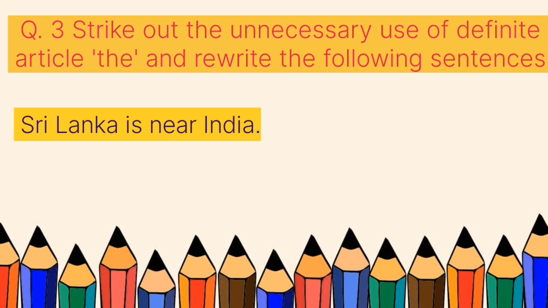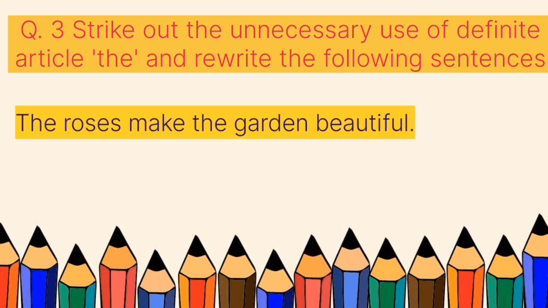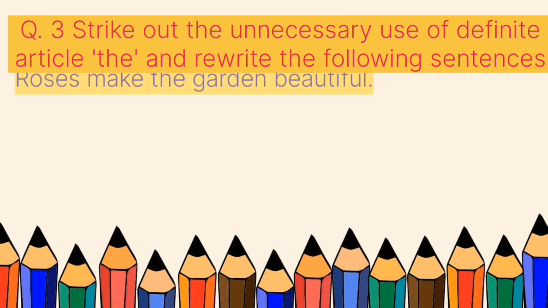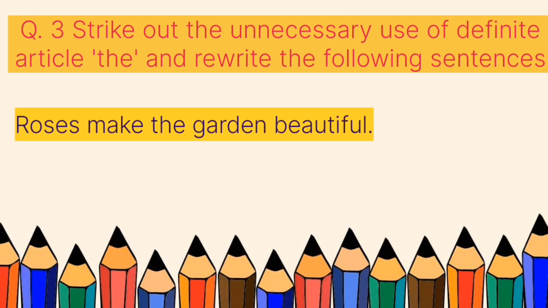Next example: the roses make the garden beautiful. The answer is: roses make the garden beautiful. Here, the article is not necessary before roses, as when referring to something in a general sense, especially with plural countable nouns like roses, the definite article the is often omitted.